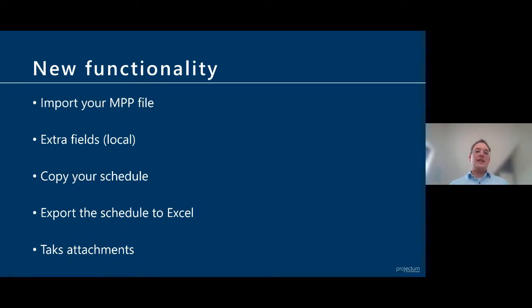This has been a vision of Microsoft that I believe is already partly completed with Planner and To-do combined in Microsoft Teams. Currently, the assigned to from Project for the Web isn't included in this functionality.